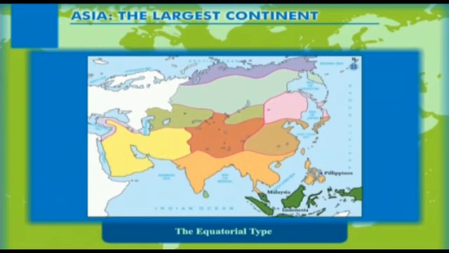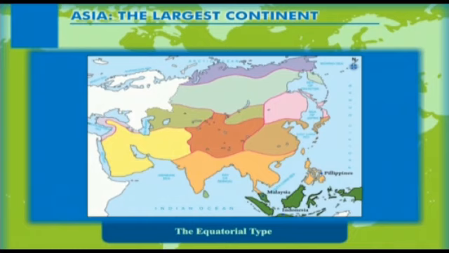Now we'll see the last one, that is the equatorial type of climate. This equatorial type of climate is experienced by the region covering South Asia, more specifically Southeast Asia and the archipelagos of Asia. An archipelago means a chain of islands. Now see the features of this equatorial type of climate. It records a small diurnal range of temperature throughout the year.